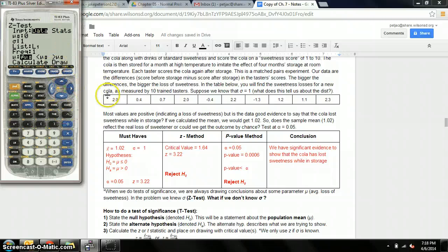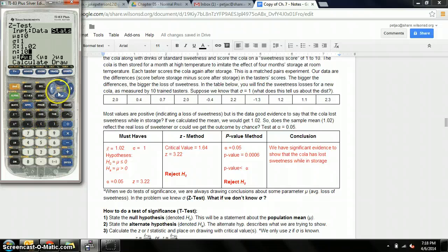Now, we could take this list and enter it into one of our lists under stat edit and run it that way, and then you could see we could put the list right there. But since we have the stats, we might as well just save ourselves some time and go right to it. Okay, so our sample mean is 1.02, and our sample size we know is 10.